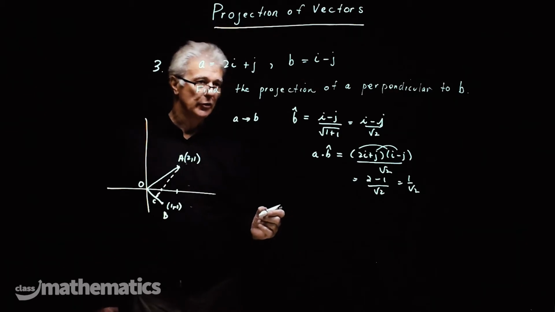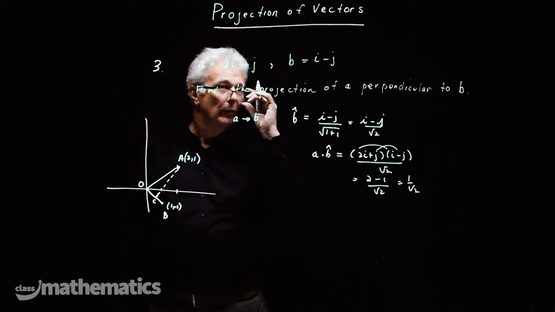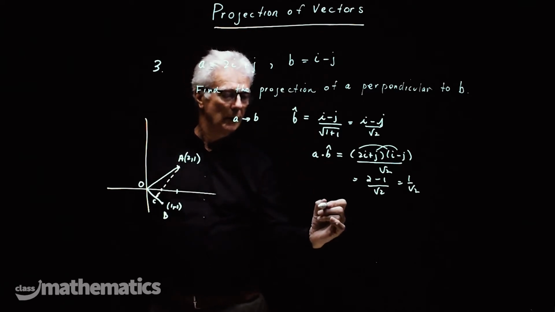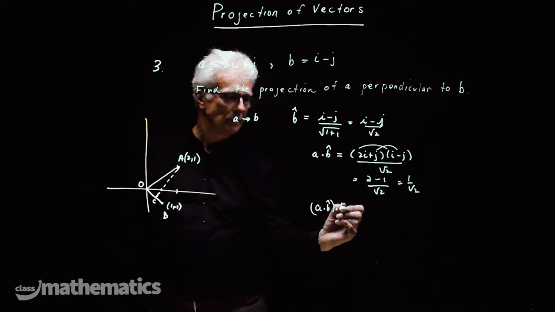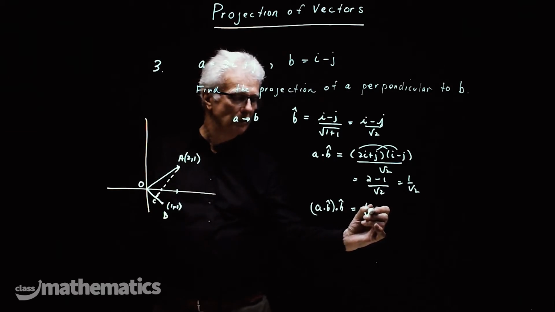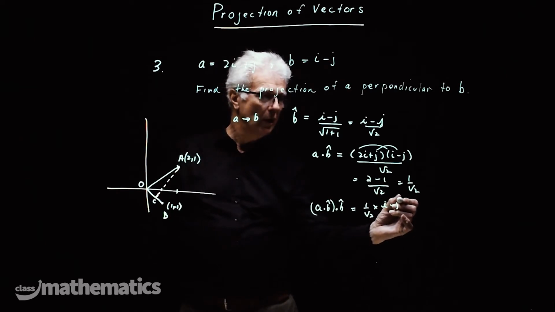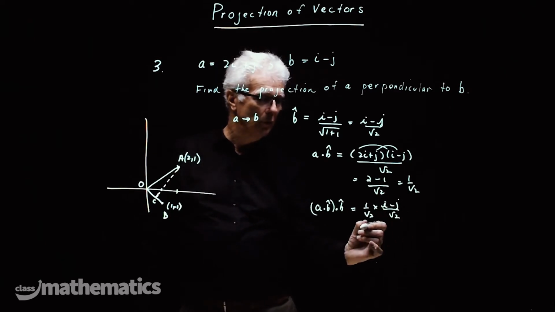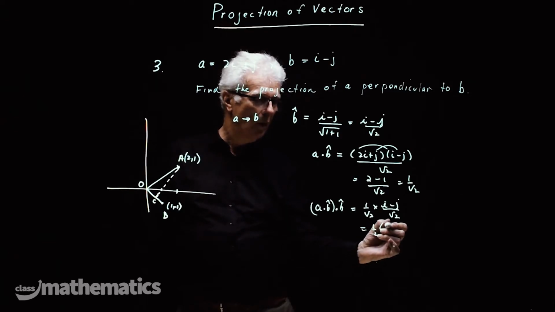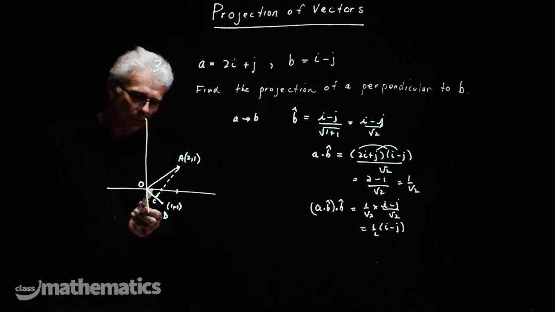Now the vector projection of a onto b will be equal to simply the scalar projection times the unit vector, which is 1 over root 2 times (i - j) all over root 2, which is a half of (i - j), this one down here.